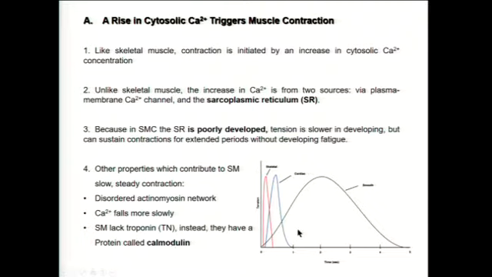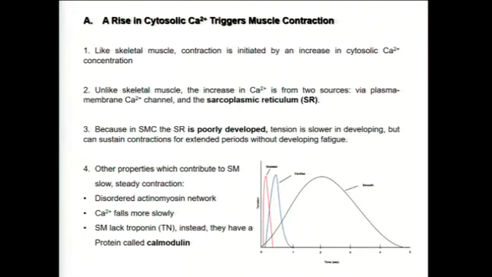So keep this in mind. All muscle cells need calcium to contract. It takes longer in a smooth muscle cell because it mobilizes calcium from different sources. It's not as set up to instantaneously contract like other muscle types. So the increase in calcium comes from two sources in a smooth muscle: plasma membrane and the SR. But in the smooth muscle cell, the SR is really poorly developed.